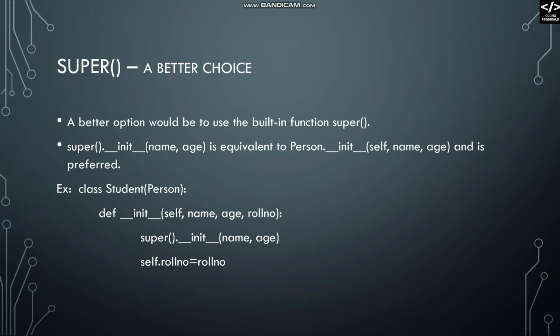So for example, class Student(Person), then here we'll write super().__init__ and then name, comma, age. So we don't need to write the name of the base class; instead we write the super method and it will automatically take the init function from it. Okay, this was about super.